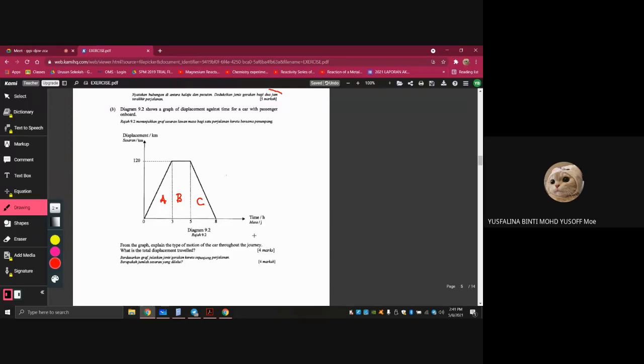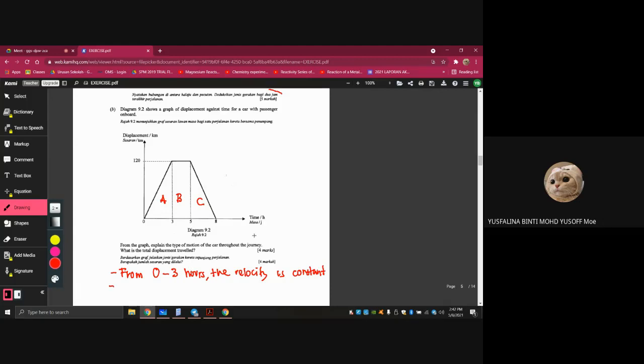So I put the answer here. How do you want to answer this one? Can I just say that from the first part, the velocity is constant? You have to describe the time. So from 0 to 3 hours, the velocity is constant. 1 mark.